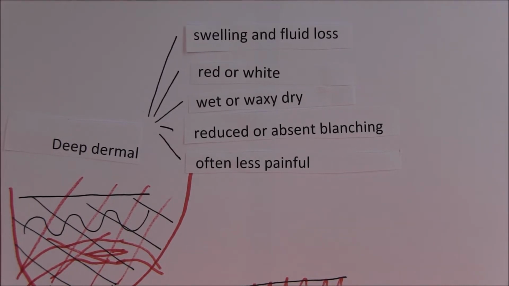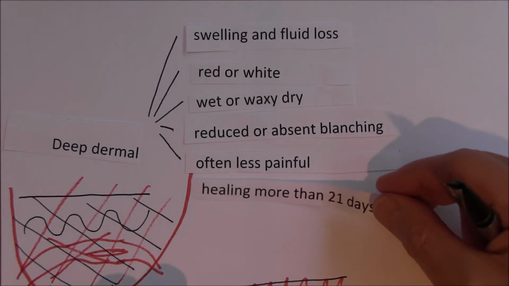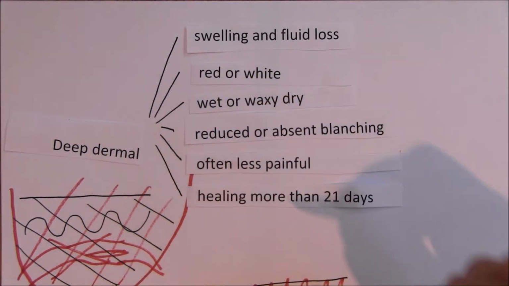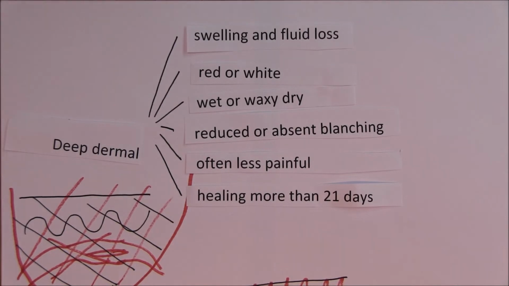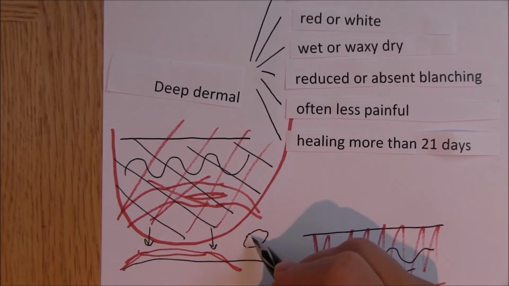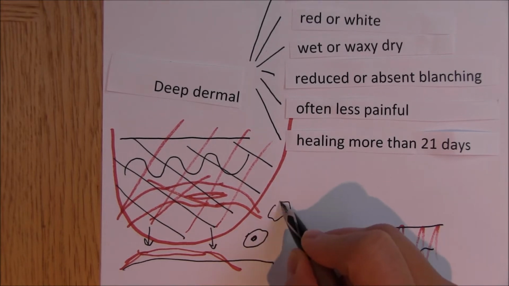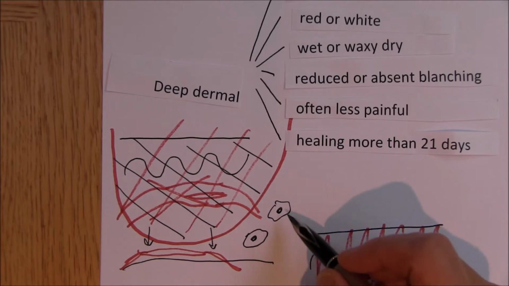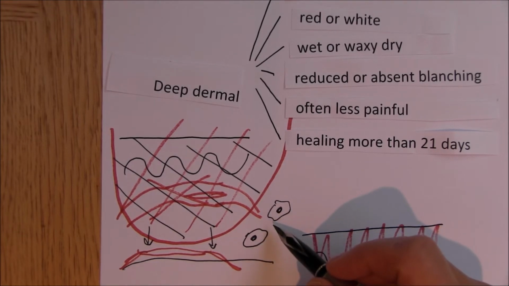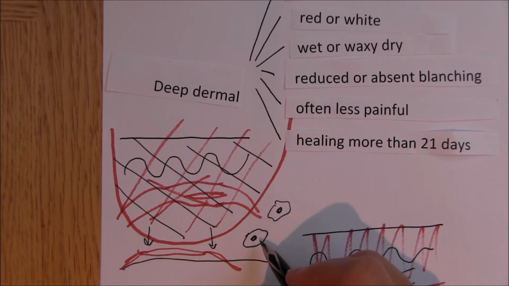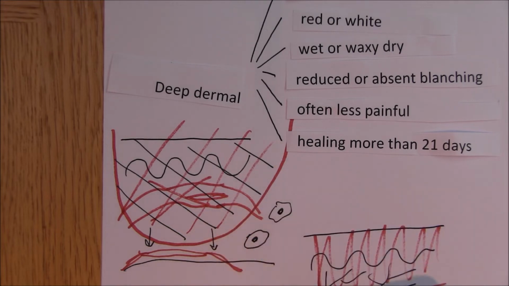Now, healing in these wounds, there's a lot of tissue been lost, so healing is often more than 21 days. It can take a long time to heal. Now, the healing often takes place from fibroblast cells, which are found throughout the dermis. But of course, a lot of dermis is lost, so there's fewer fibroblast cells left to facilitate healing, because it's the fibroblast cells that produce the fibrous tissue to regenerate the dermis.